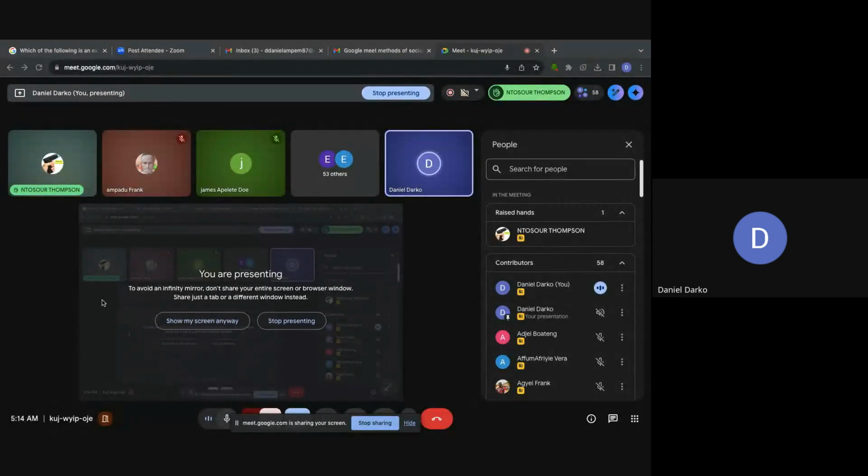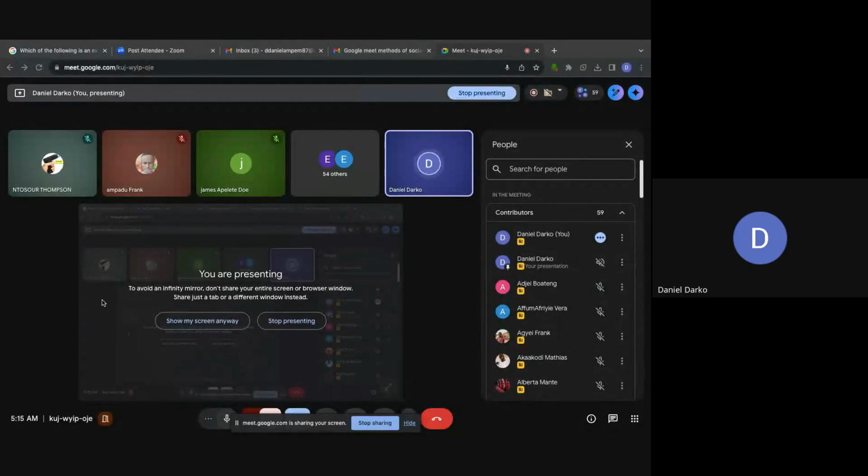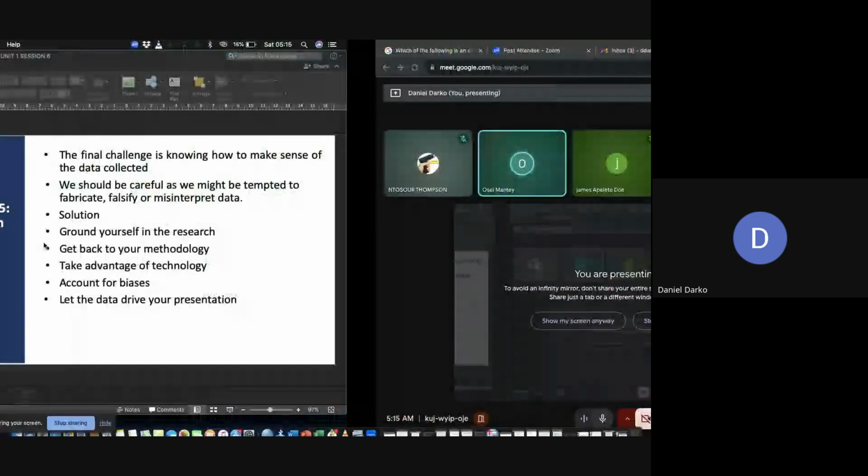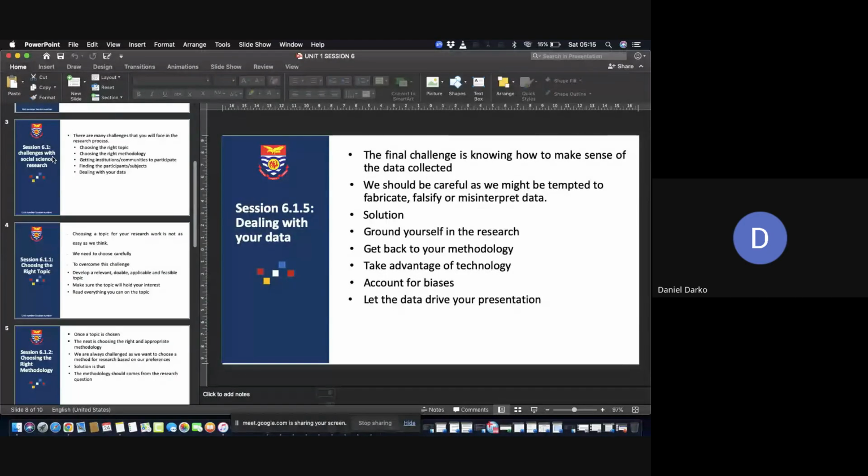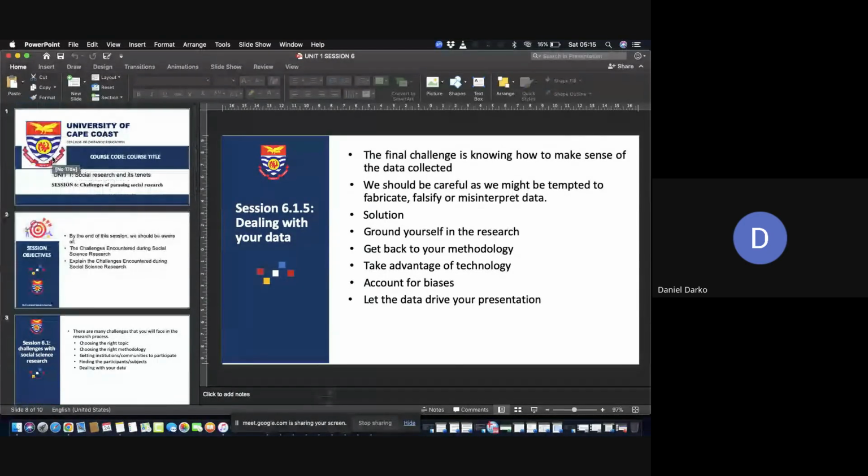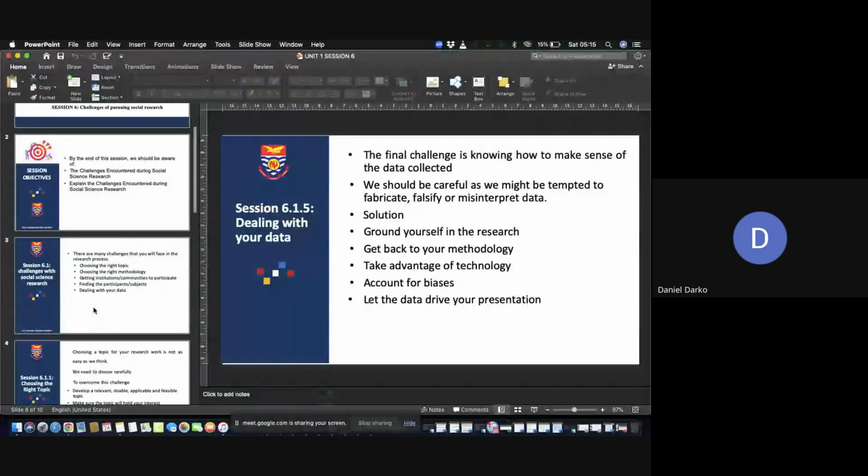Any other question, class? So today we have looked at research. We've looked at what research is, what social research is. We've looked at qualitative research.